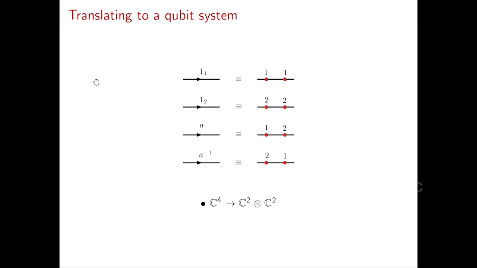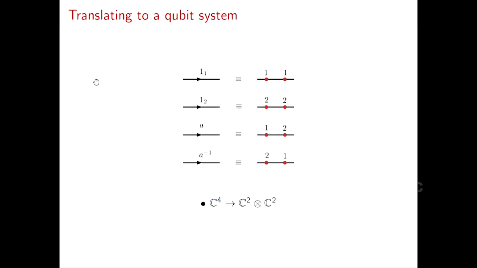If I take any oriented edge, I am allowed to have any of these 4 morphisms, which are 1_1, 1_2, A or A inverse. However, if I have 1_1 from here, I have a natural way to map it to another space, in which instead of using the morphisms, I will use the object index.